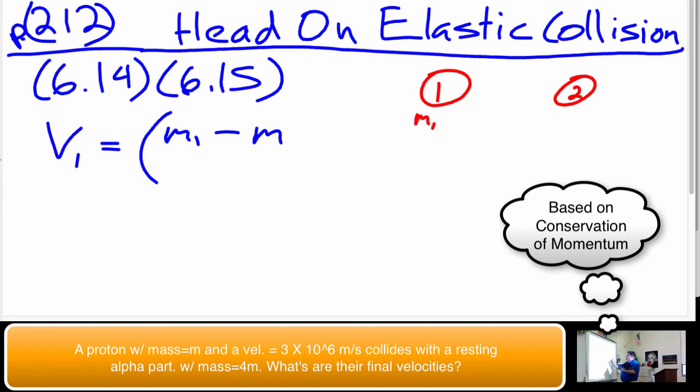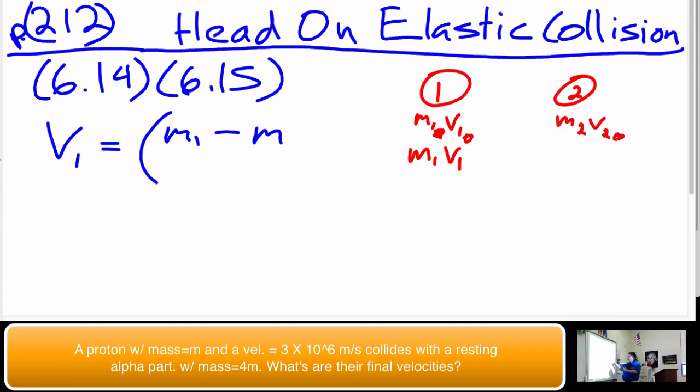So this will have a mass 1 initial and a velocity 1 initial, and this will have a mass 1. Well, we don't need to write the initial because the mass doesn't change. And then it'll just have a mass 1 and a velocity 1. And this one will have mass sub 2, velocity 2 initial, and this will be mass 2, velocity 2 final.